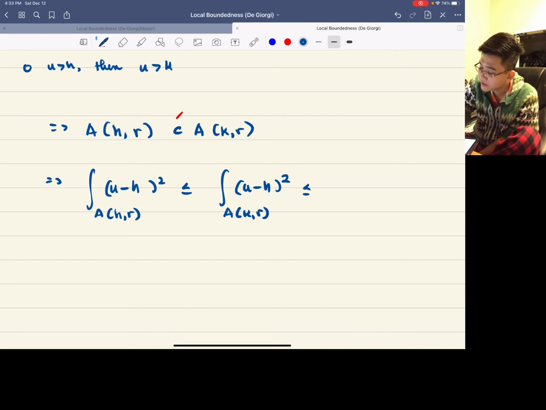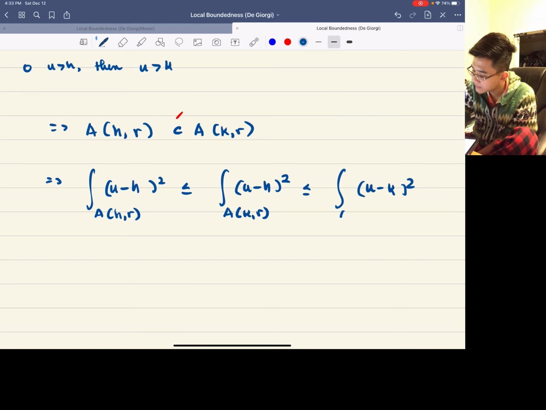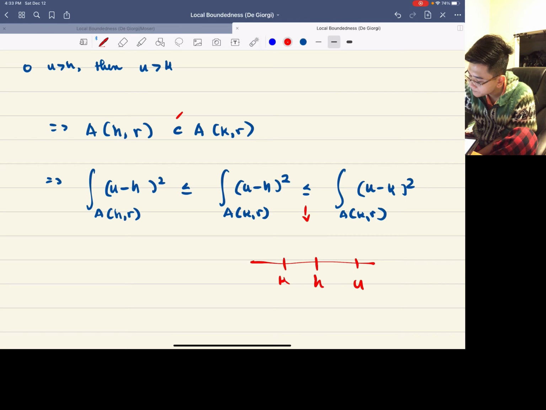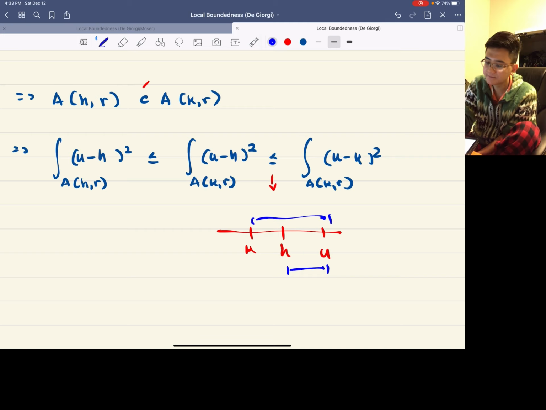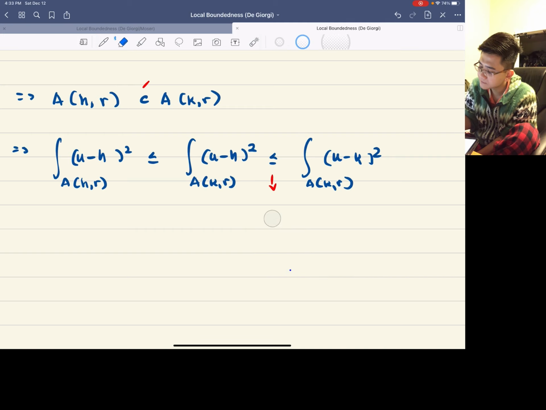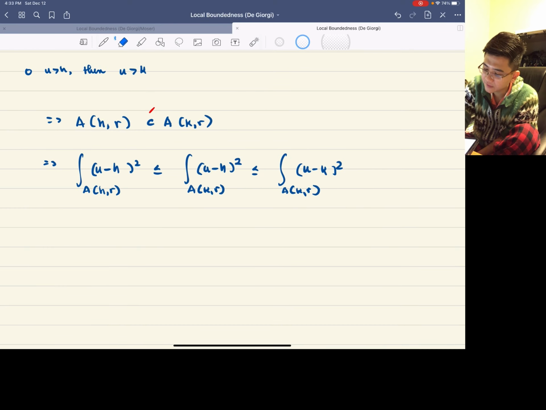And this is less than or equal to the integral of (u minus k) squared on A(k,r). And the reason is, if you have k, h, u, the distance between h and u is smaller than the distance between u and k. Okay?